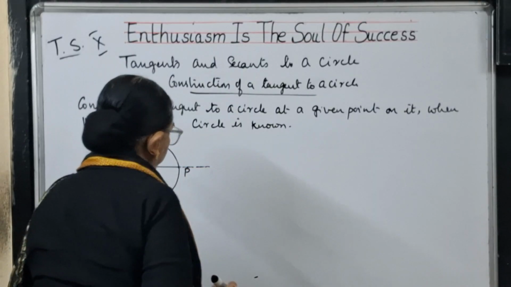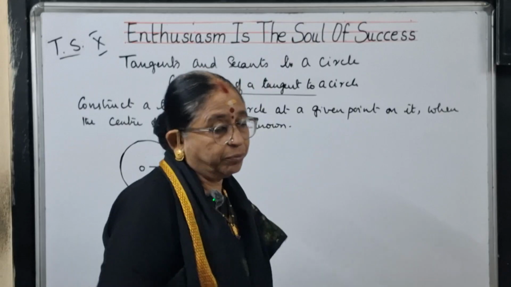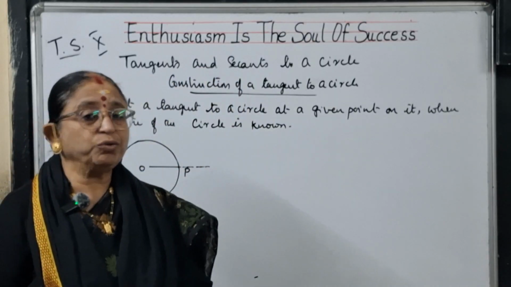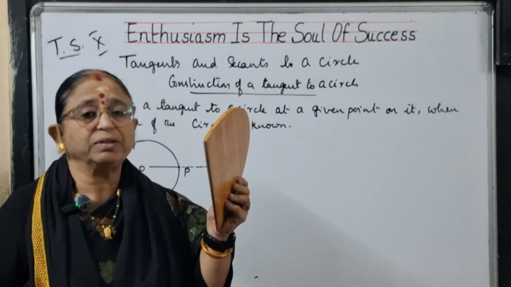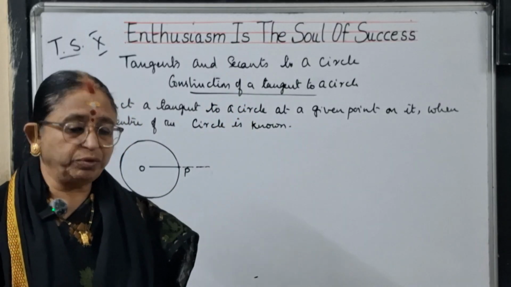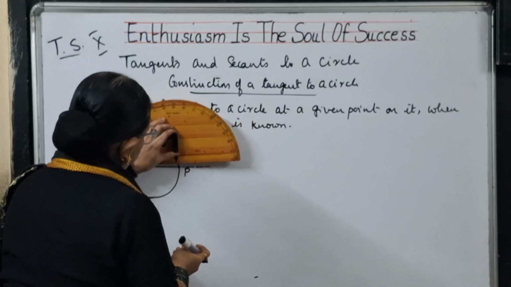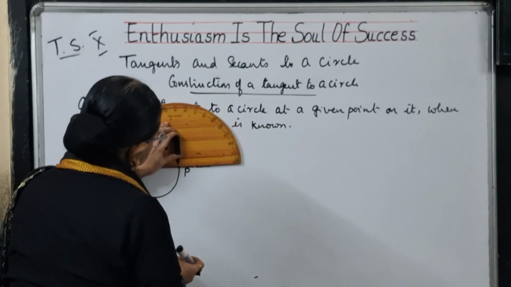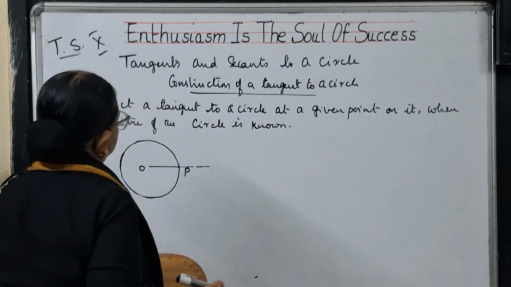Now what you have to do? You have to draw a perpendicular. How can you draw a perpendicular line? You can draw in two ways, children. One is by using a compass and another one is by using a protractor. I am using the protractor. So here at P, if you keep the point, 90 degrees is here.